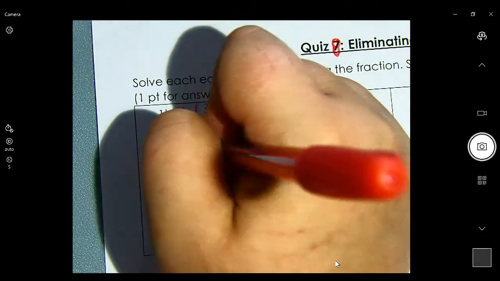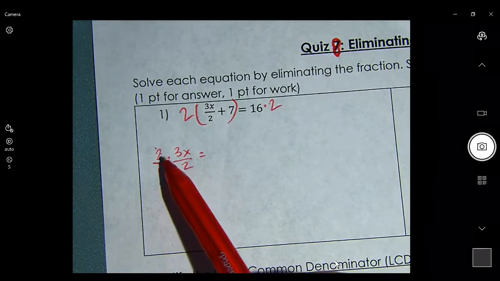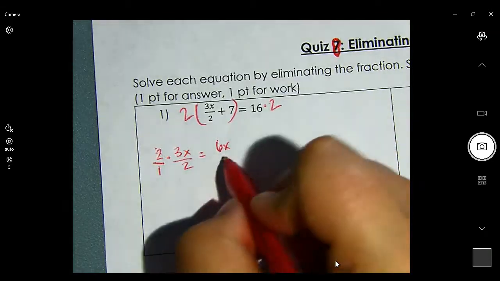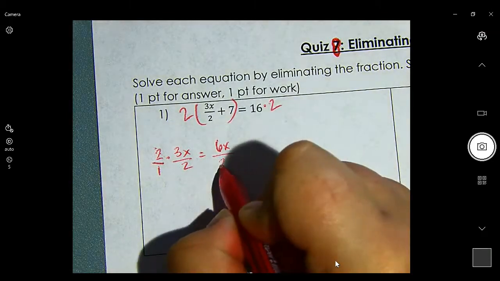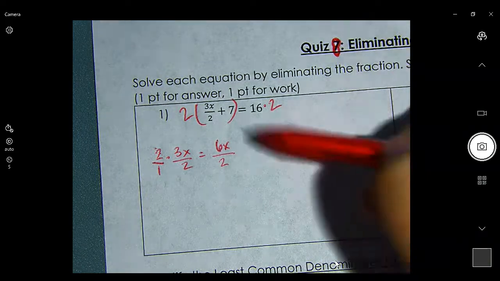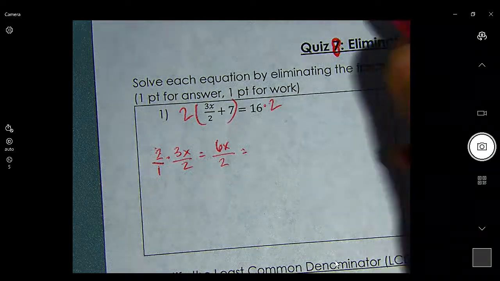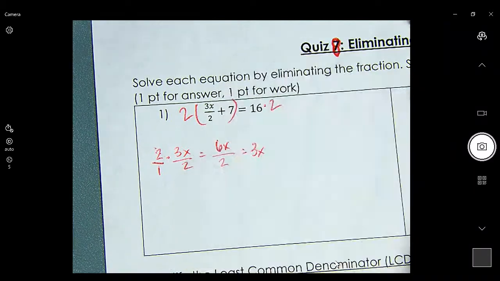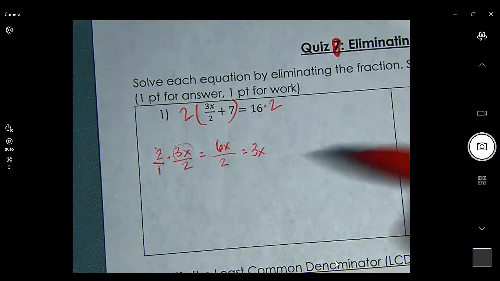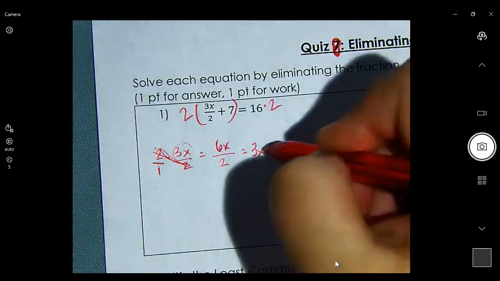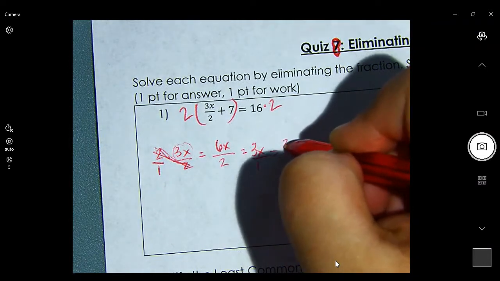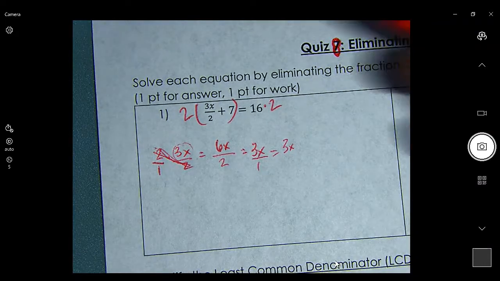But let's actually show how that works. So I have 2 times 3x, which is 6x, over 1 times 2, which is 2. Now I need to divide 6 by 2. So 6 divided by 2 gives me 3x, which is what I originally had here. So I could have just canceled those out and gotten 3x over 1, which is just the same as 3x.